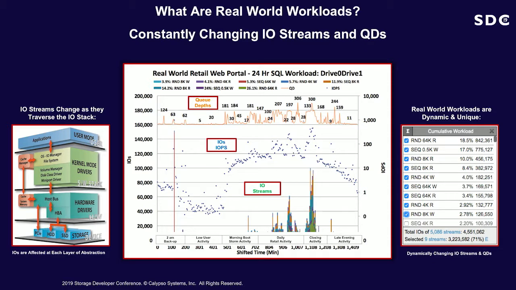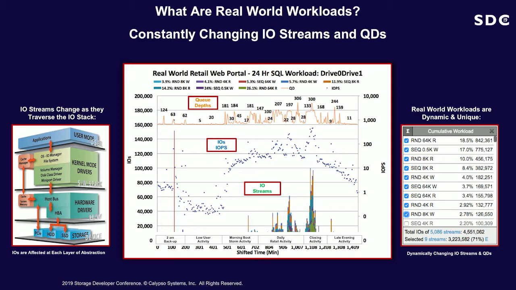A storage may be very good at random 4K read-write and sequential 128K read-write, but may not do well at smaller block sizes or different types of accesses. And if your real-world workload has those different types of accesses, even though your drive may be advertised as 50,000 4K write IOPS and 500 megabytes per second, it may not have that performance when you run your real-world workload.